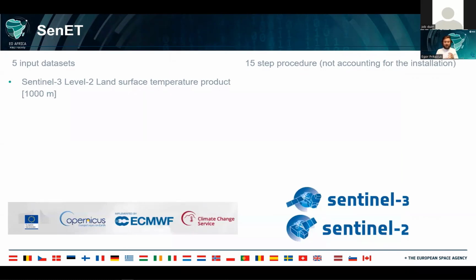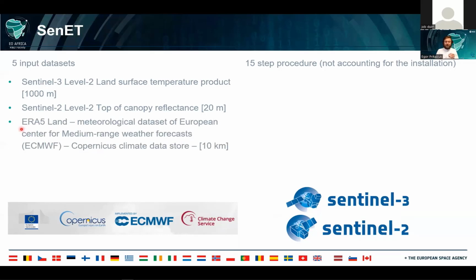What you need are 5 input data sets. First is a Sentinel-3 level 2 image, land surface temperature. Second, Sentinel-2 level 2, top of canopy reflectance at 20 meters. Then a meteorological data set that was already mentioned in one of the questions, the ERA5 land meteorological data set.